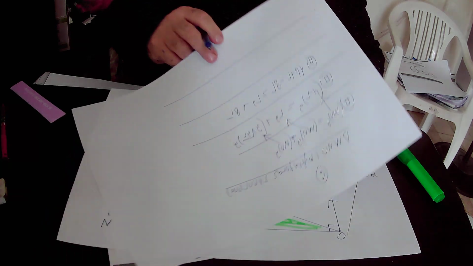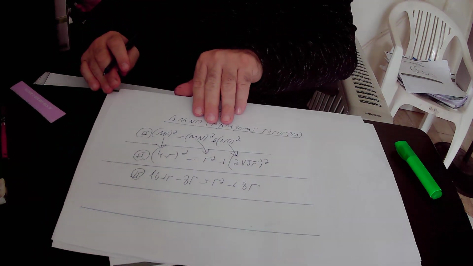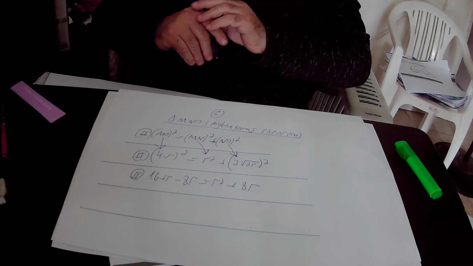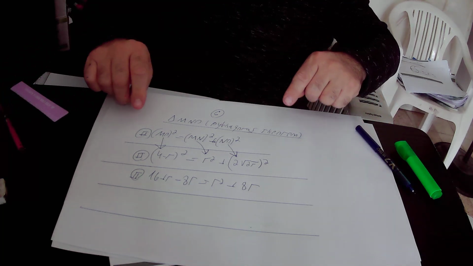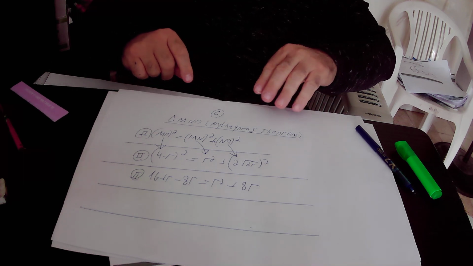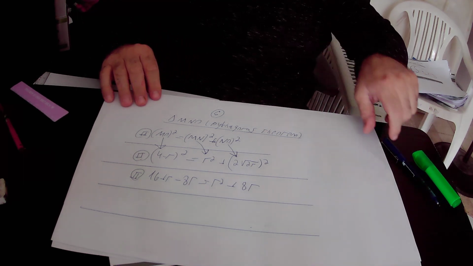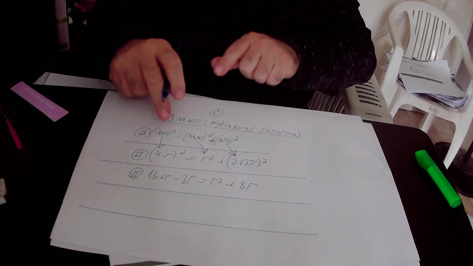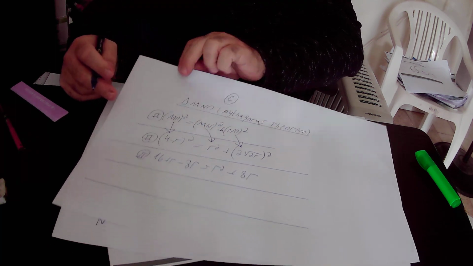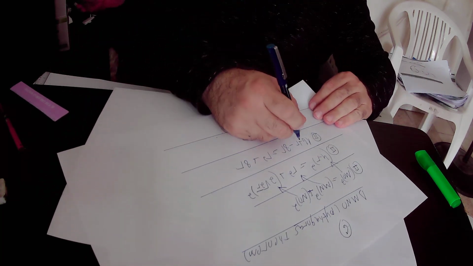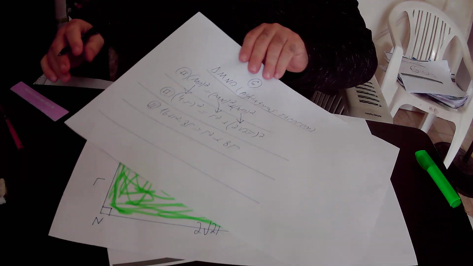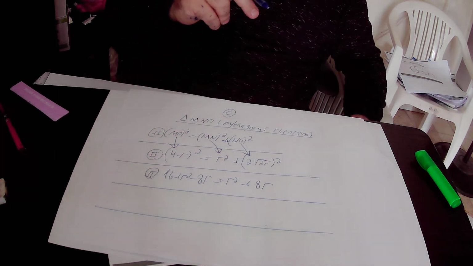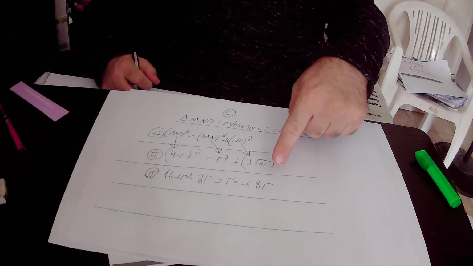So here we got that 16 plus r square minus 8r equals r square plus 8r. (4 minus r) square is 16 plus r square minus 8r, I'll repeat again, and it equals r square plus 8r.